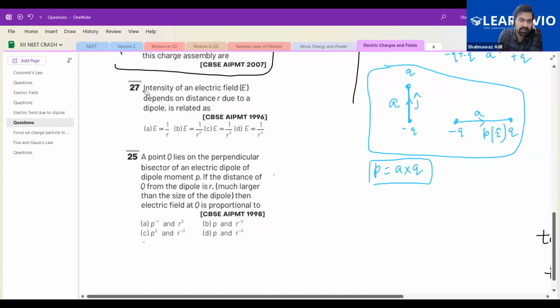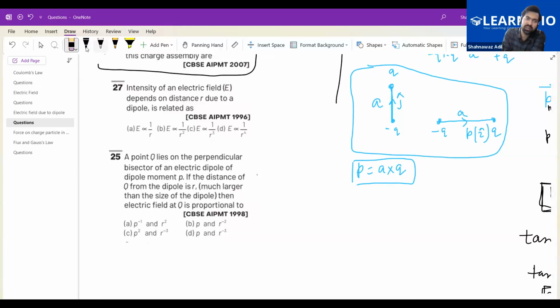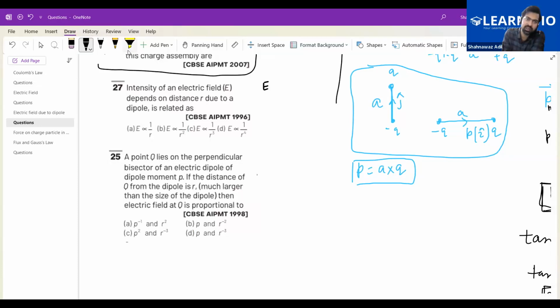The 27th one: the intensity of an electric field depends on distance r due to the dipole as. So for both cases, how does the electric field vary? Do you remember how the electric field varies for a dipole?